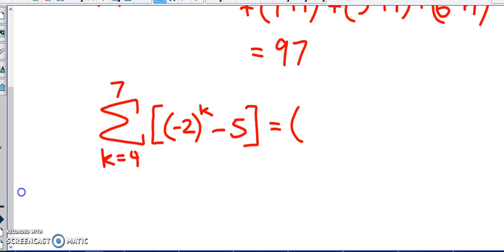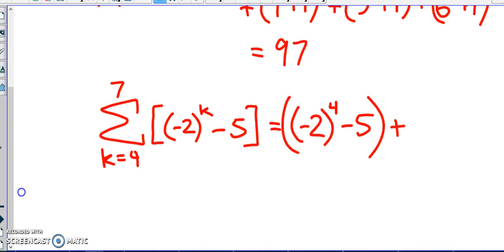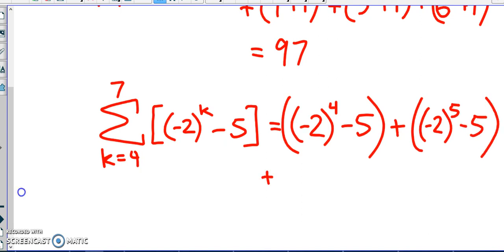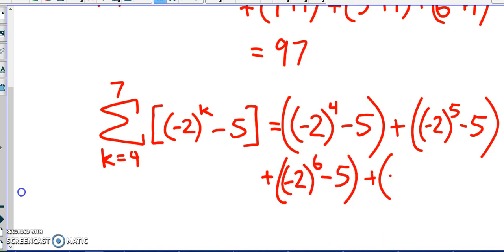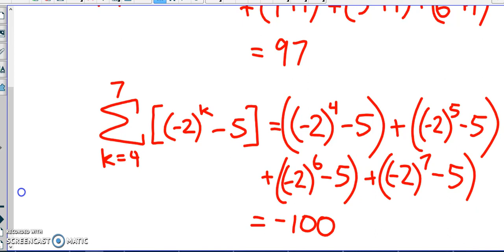So this would be negative 2 to the 4th minus 5, plus negative 2 to the 5th minus 5, plus negative 2 to the 6th minus 5, plus negative 2 to the 7th minus 5. And I calculated this in my notes. This should come out to be negative 100 if you crunch it.